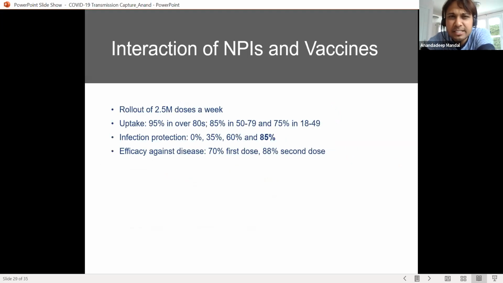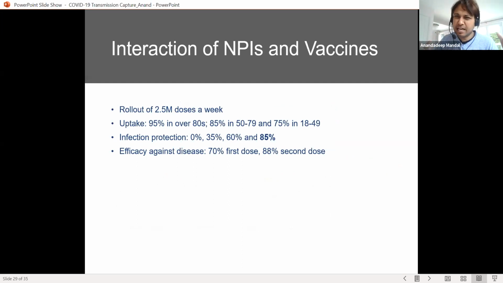Yeah, it's happening. So, interaction of NPIs and vaccine, this was the last stage. NPI stands for non-pharmaceutical interventions, and vaccines. So lockdown and vaccines, because after 25th November, the vaccination program took place, and it started in mass from January.